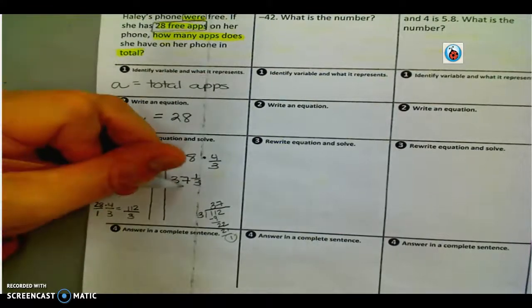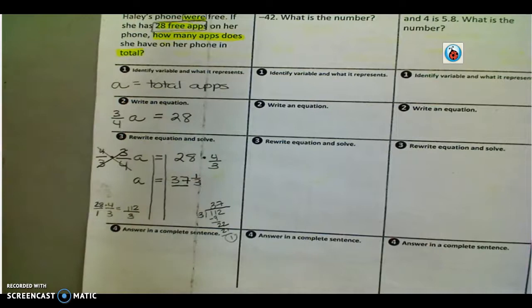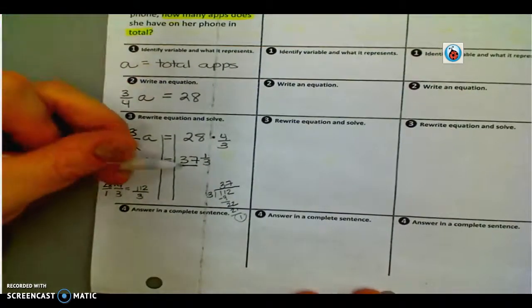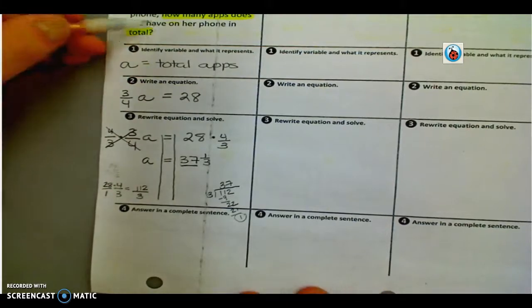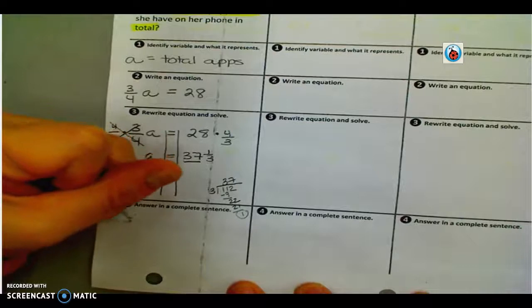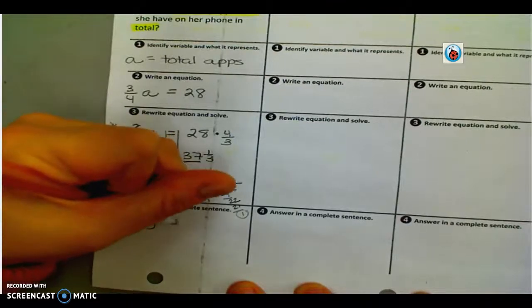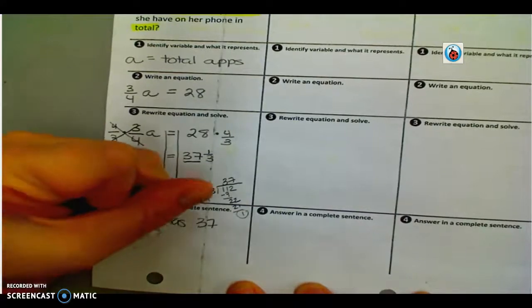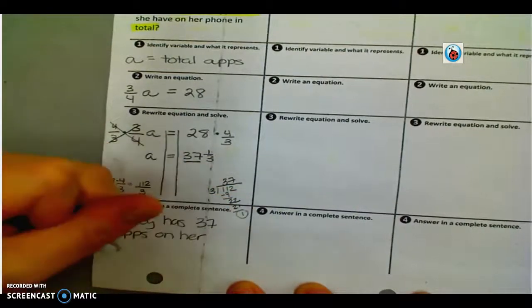No. So that means that we're going to interpret it as she's probably got 37 here. Okay. All right, so that seems like that's going to be my answer. How many apps does she have on her phone in total? So Haley has 37 apps on her phone.